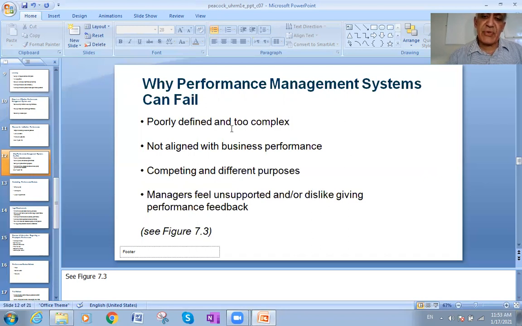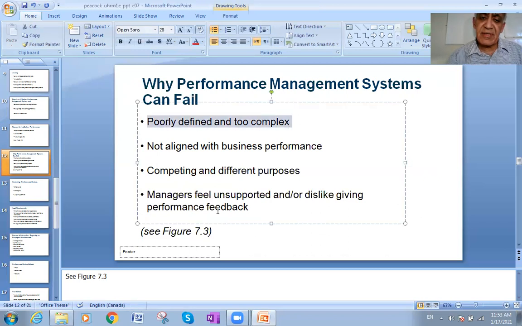Poorly defined and too complex performance. The problem is in the management sometimes. If the performance management system is not aligned, meaning it doesn't go in competence with the business performance, there are competing and different purposes.